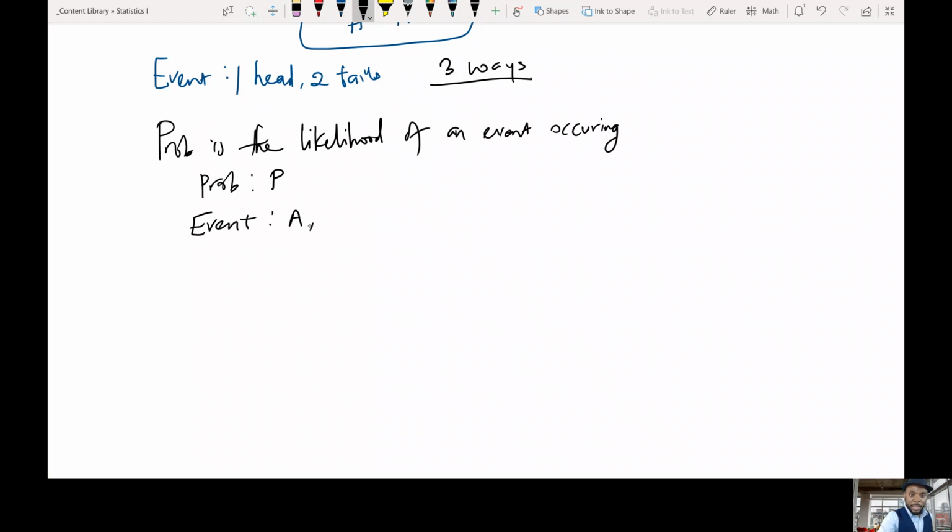Like we can have an event A, an event B, and so on and so forth. So if I say the probability of event A, this means the probability of event A actually occurring. That's how you would express this. So P of A means the probability of event A actually occurring.